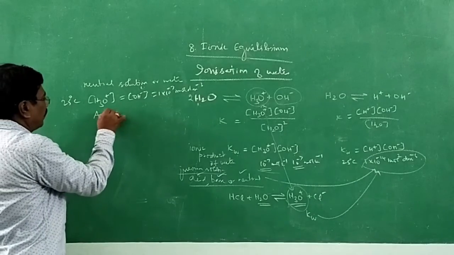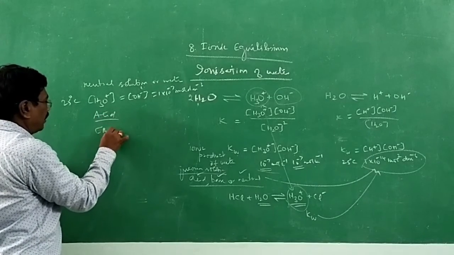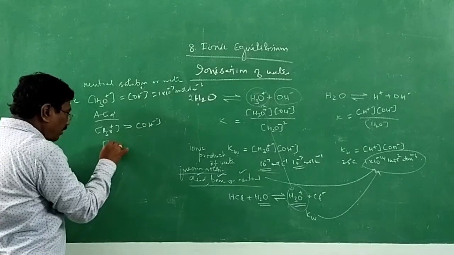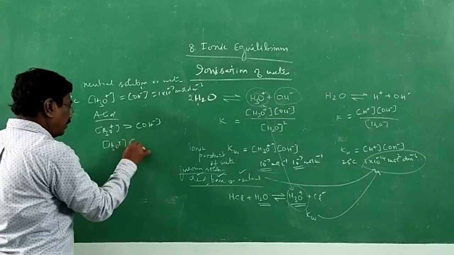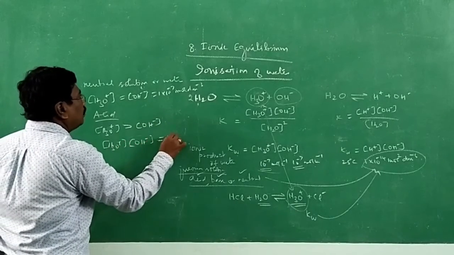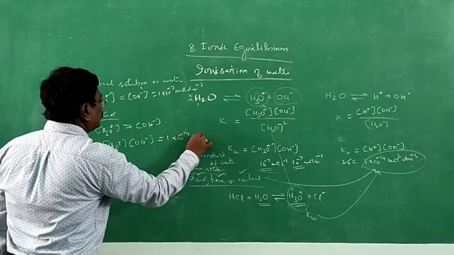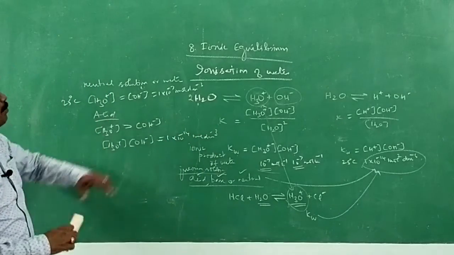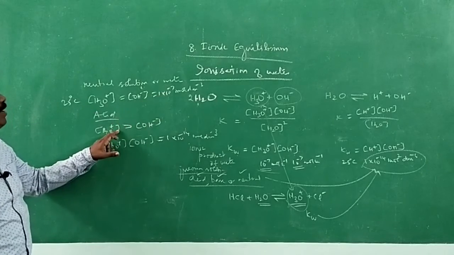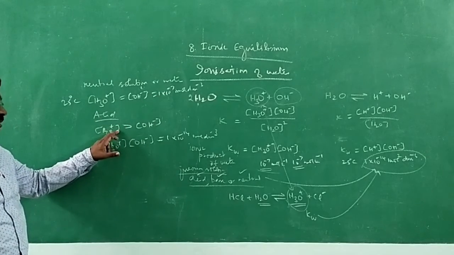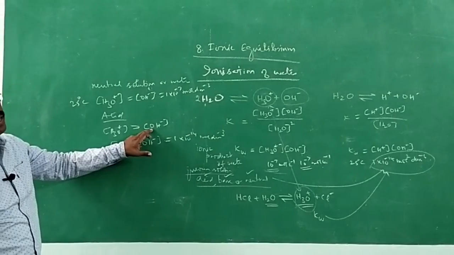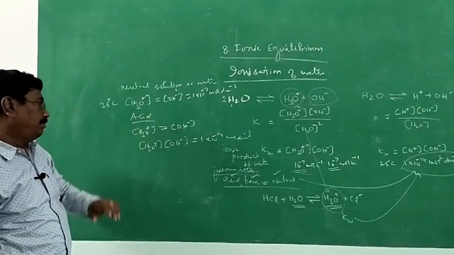For an acid solution, the hydronium ion concentration will be greater than the hydroxide ion concentration. But the product will be equal to 1 in 10 power minus 14. So the hydronium ion concentration will be greater than 10 power minus 7, maybe minus 5, minus 4, minus 3, like that. The hydroxide ion concentration will be lower, maybe 10 power minus 8, minus 9, minus 10, minus 11, like that.